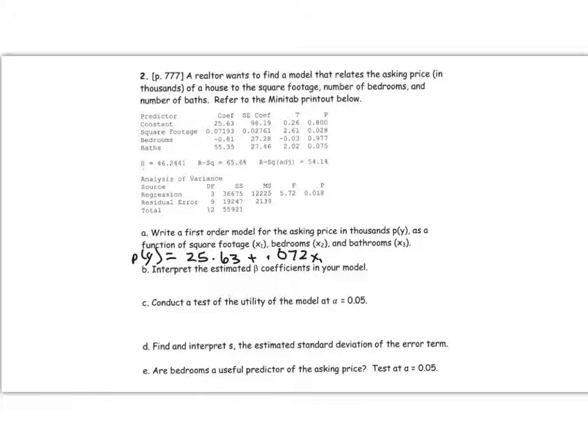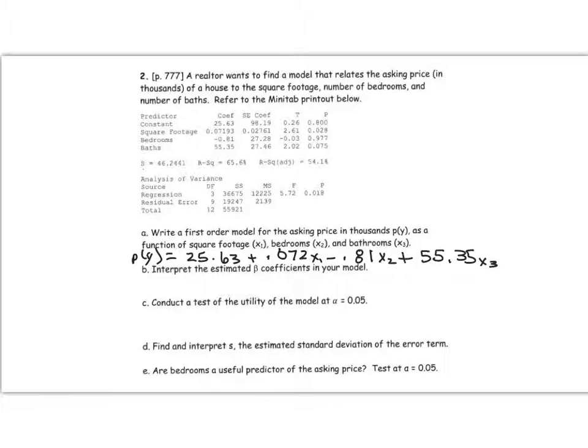That's my first x variable, minus 0.81. That's my second x variable, plus 55.35. That is the slope for my third x variable.